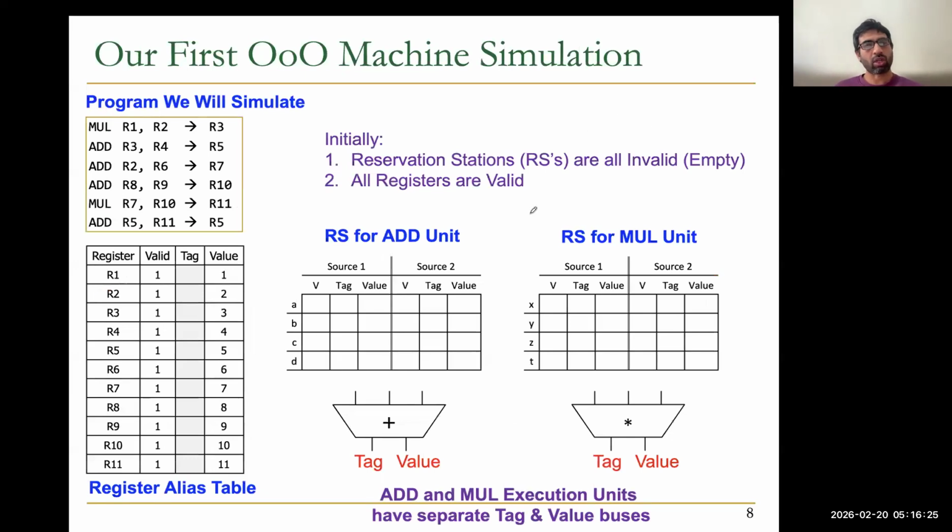So here is the simulation of Tomasulo's algorithm, which allows us to achieve out of order execution. Remember, instructions will still be fetched and decoded according to the program order. However, the execution will not be according to the program order. It will be different. So that's why we say it will be out of order execution.